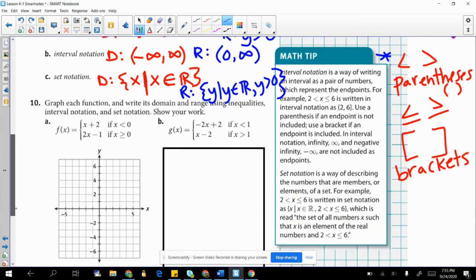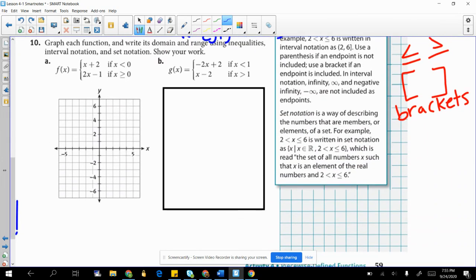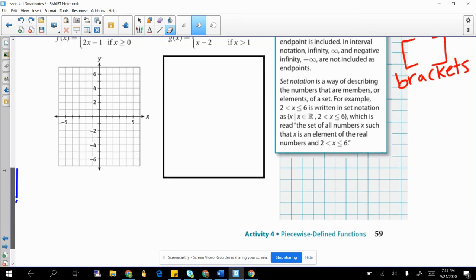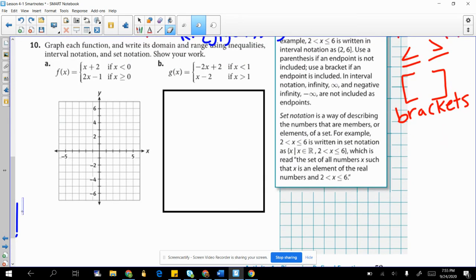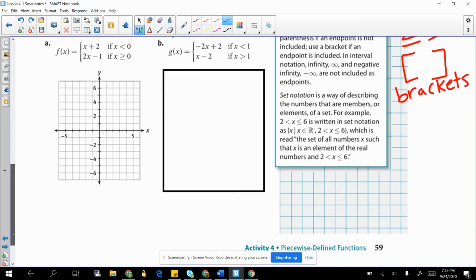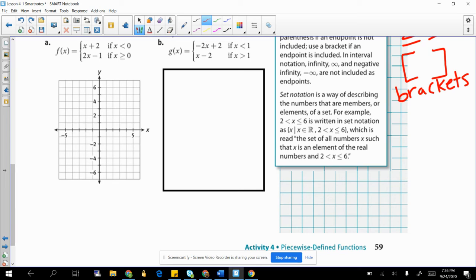So now that we know domain and range, let's go ahead and graph these two piecewise functions and talk about their domain and range, okay? So, whoops. Okay. Starting out, we want to make a table, but first we want to show where our fence is going to be.